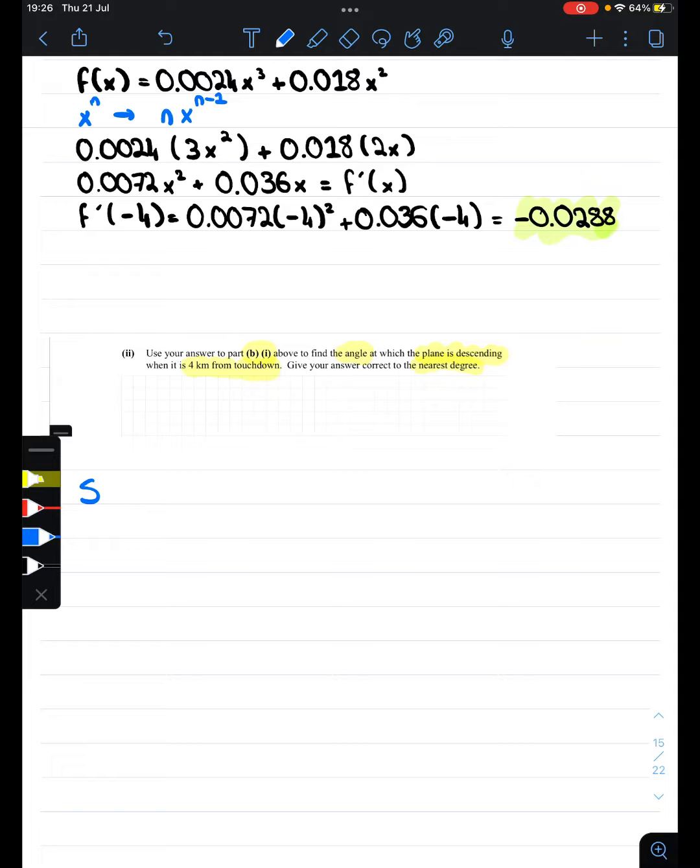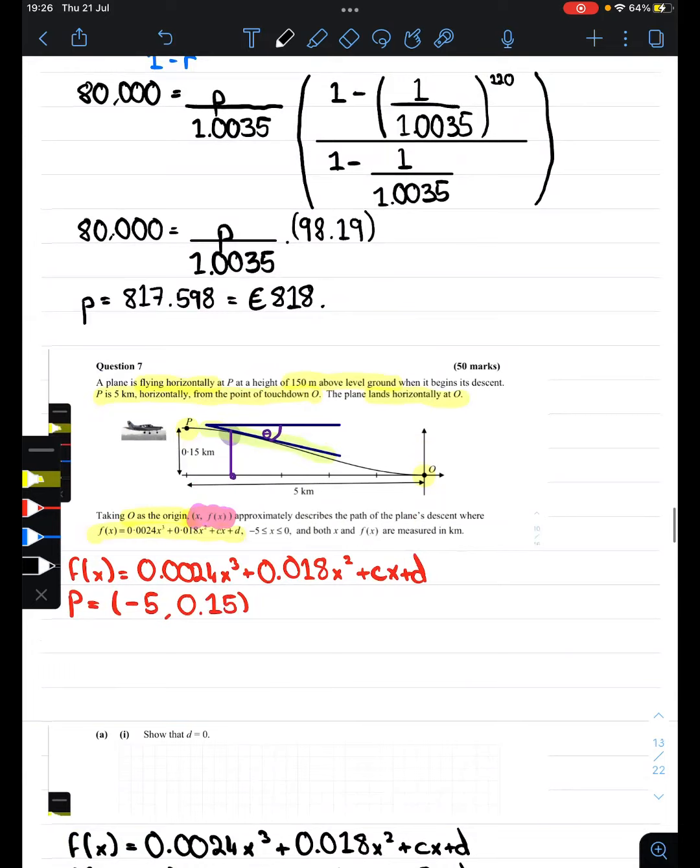We know that the slope is the rise over the run, and the slope 4 kilometers out is minus 0.0288. So what would the rise and the run be here? The rise would be this, and the run would be this.